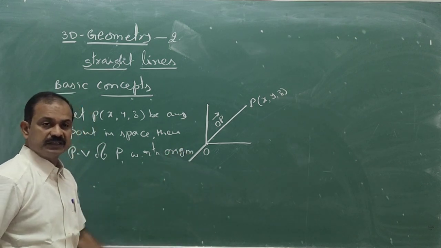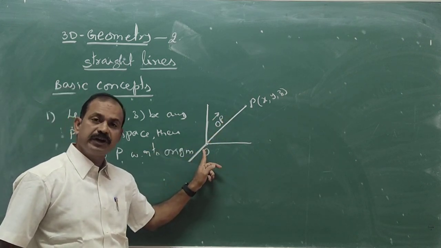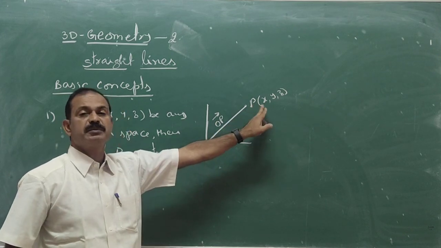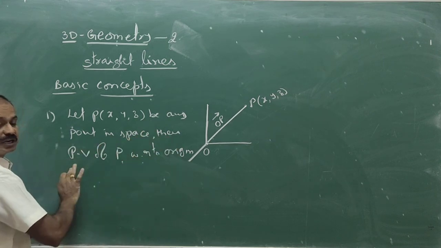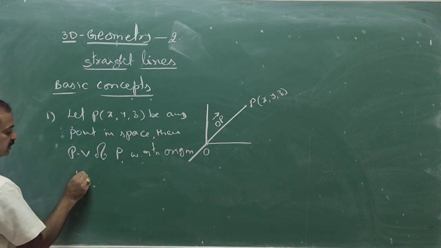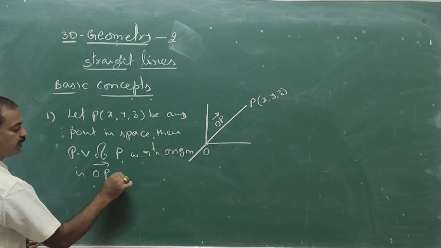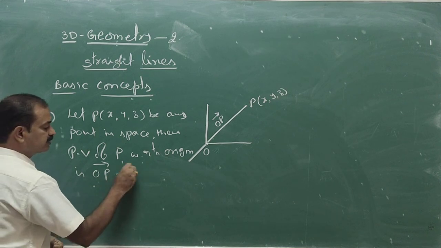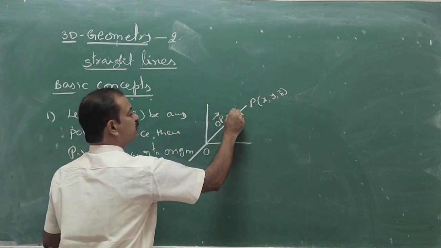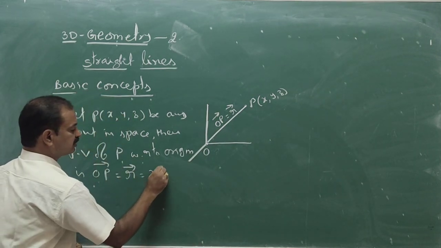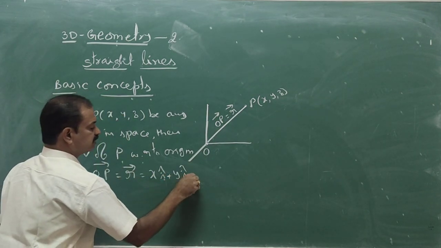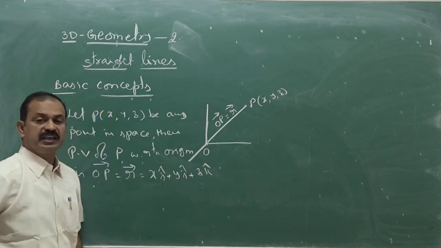In other words, it is a vector whose initial point is O and terminal point is the given point. So the position vector of P with respect to origin is OP and is denoted by the vector small r, which can be written as xi plus yj plus zk.